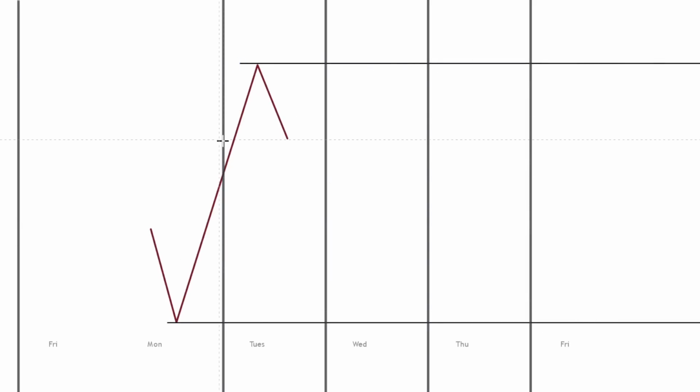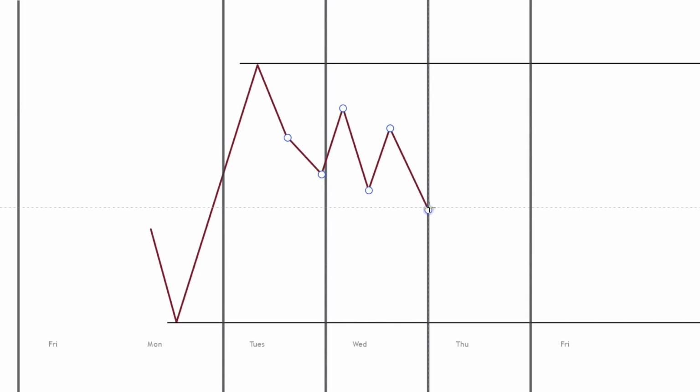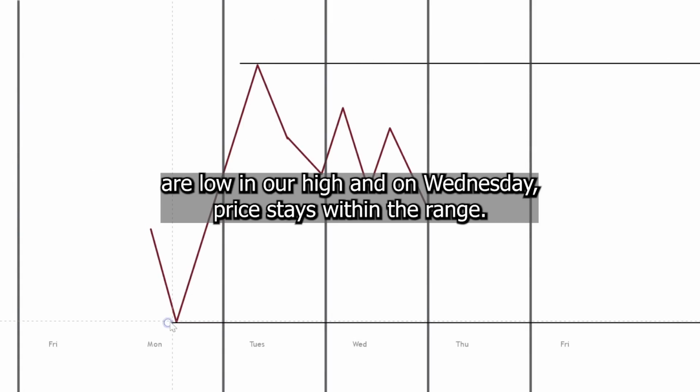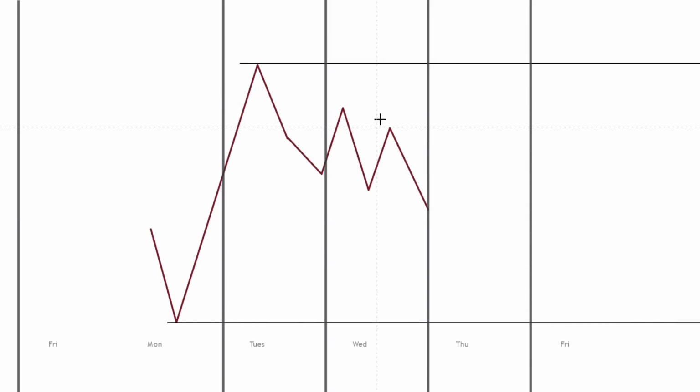What happens next is on Wednesday, price will not break either of these swings. Price will stay inside of the range. Our range is the low and the high, and on Wednesday price stays within the range. What happens here? Smart money traders are being trapped to take an internal setup.